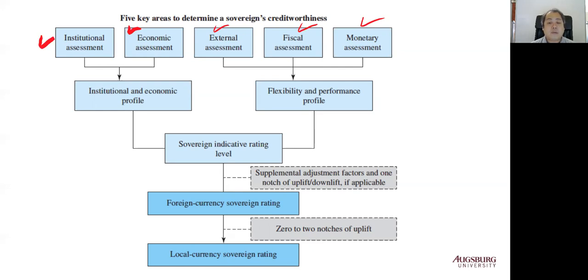The key drivers of sovereign economic assessments are 3 things: the income level, growth prospects, and the third one is economic diversity and volatility. So if income is high, growth is more, and the economy is more diverse and less volatile, then they get a better deal, better rate.